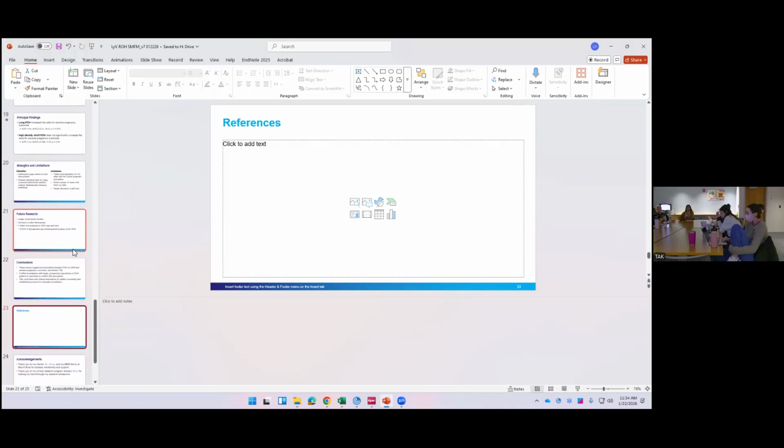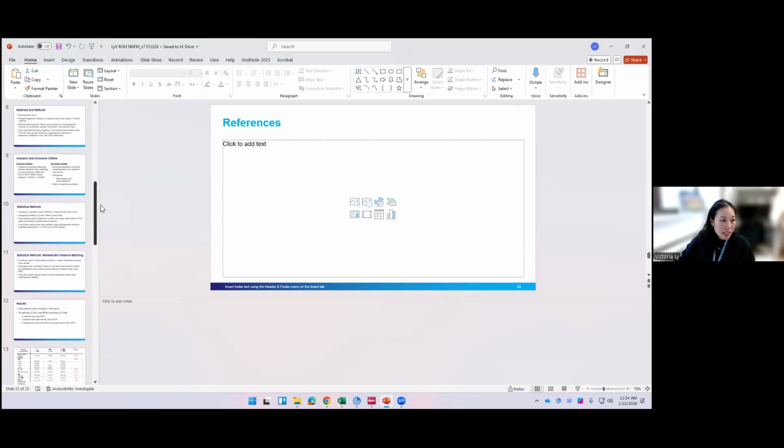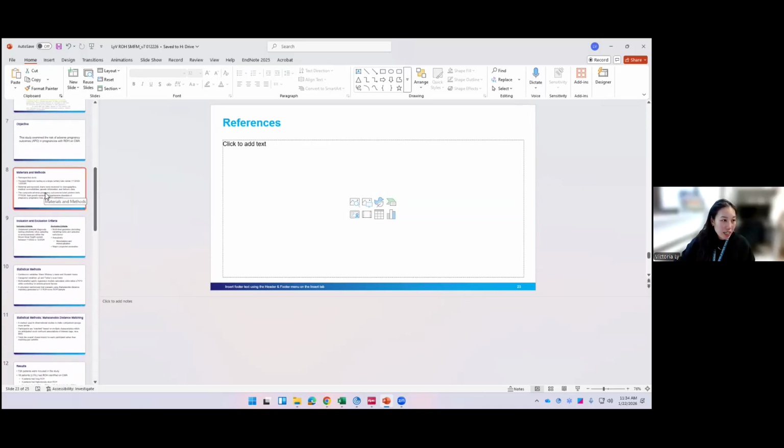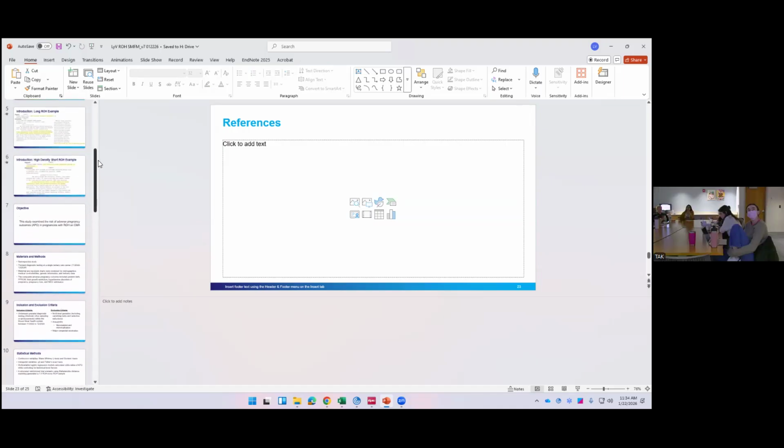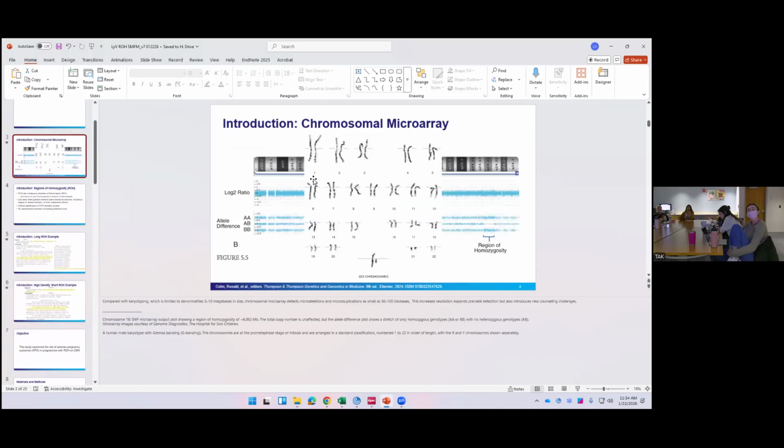What do you need references for? Well, I was wondering if I needed references for the information where I got the definition of ROH and whatnot. I did for these pictures because they came from a textbook. Yeah, exactly. Otherwise you don't need a reference slide for general information.